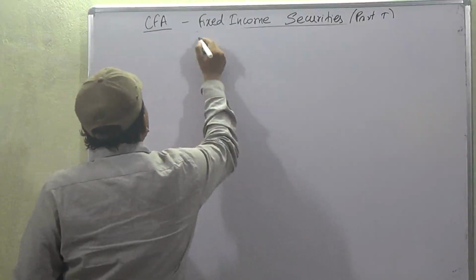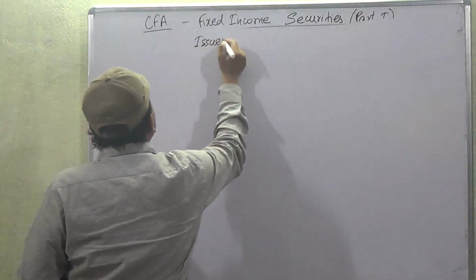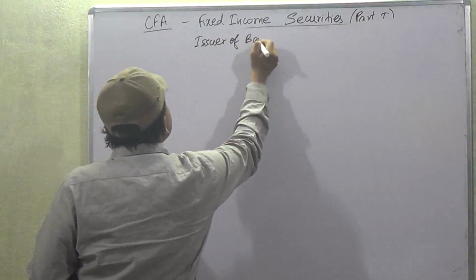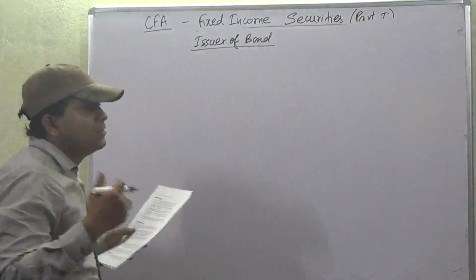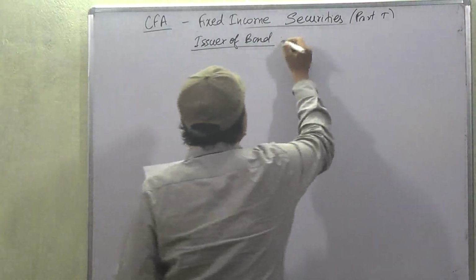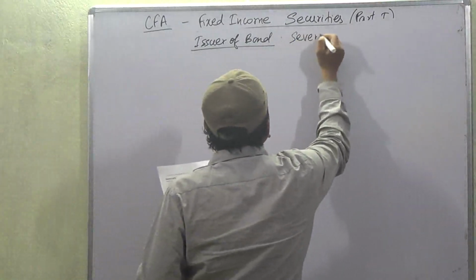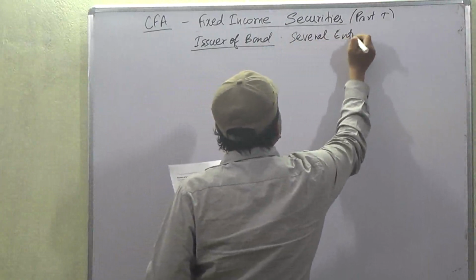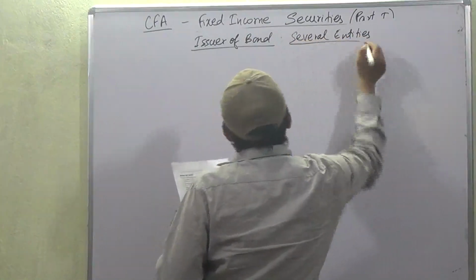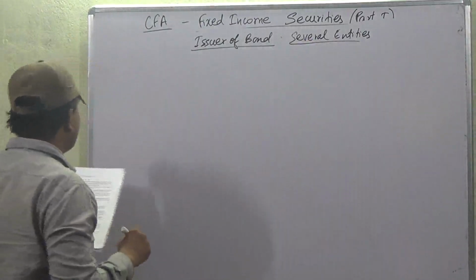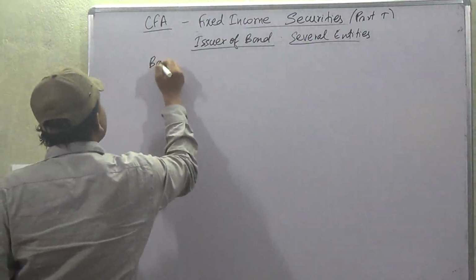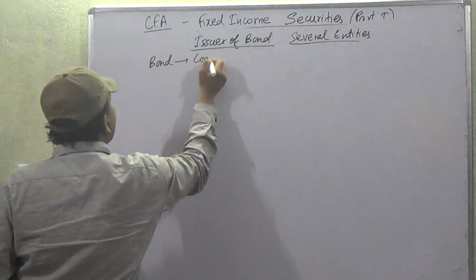Now coming to the issuers of bonds. Basically there are several entities who are issuing bonds, and we are going to study these entities. Bond basically is a long-term debt.